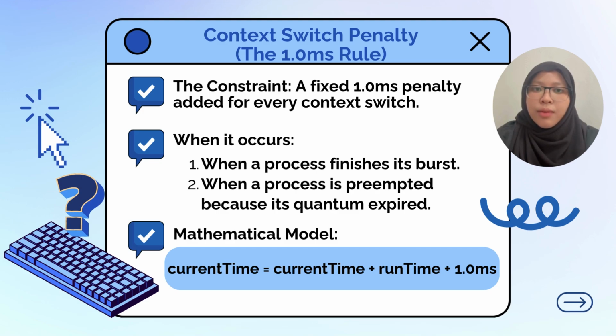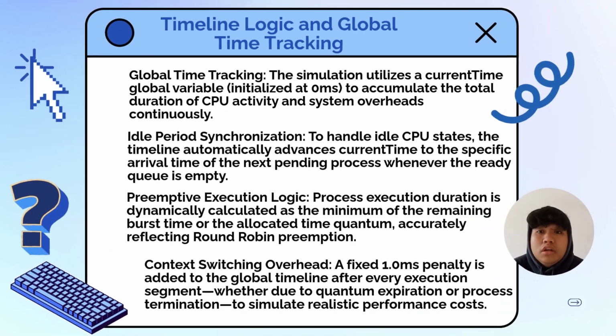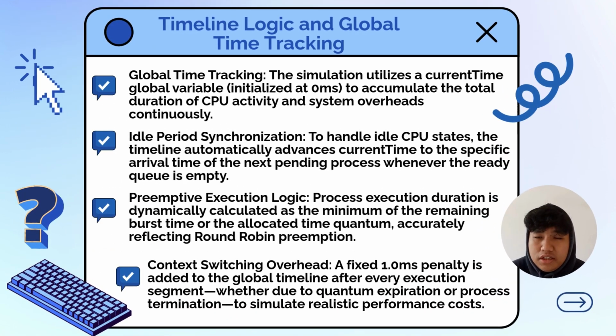Now, let's look at the engine that drives our simulation, the time logic. The simulation uses a current time global variable to calculate the total duration of CPU activity and system overheads continuously. Next, we have idle period synchronization, which handles idle CPU states.